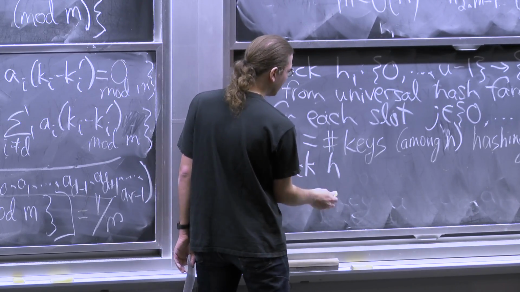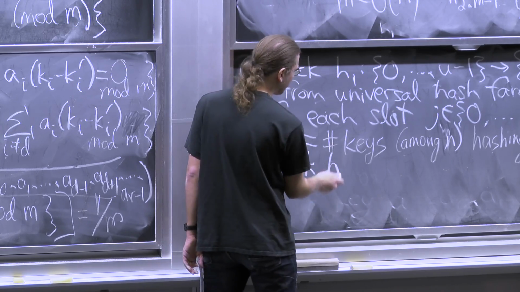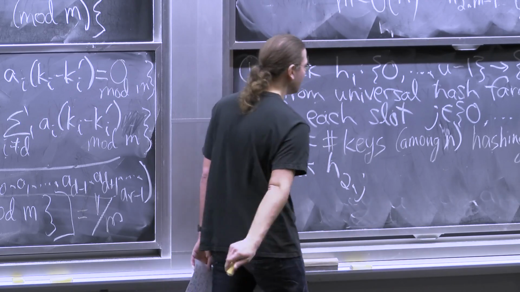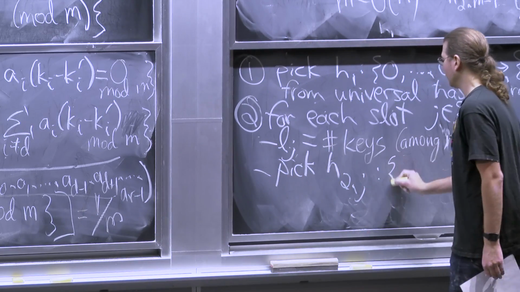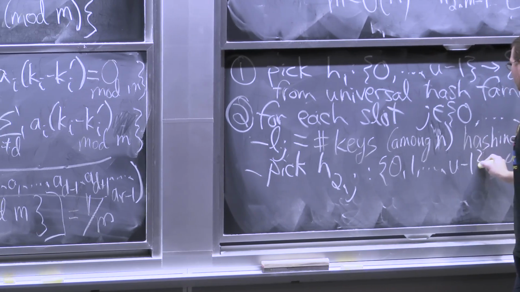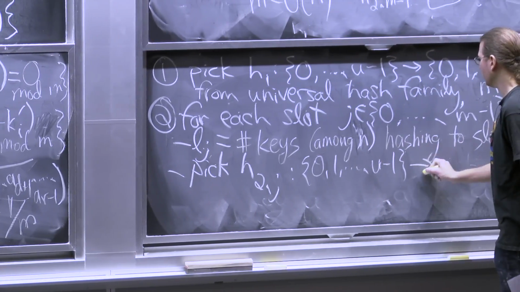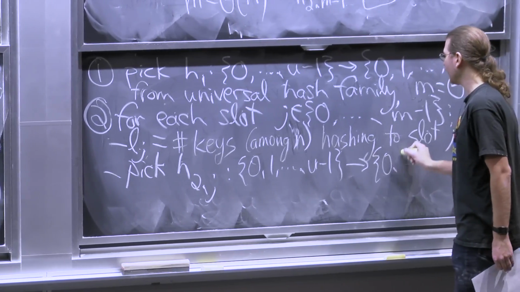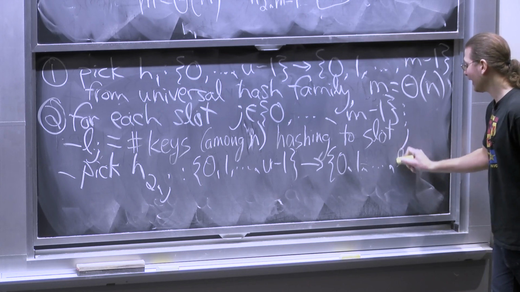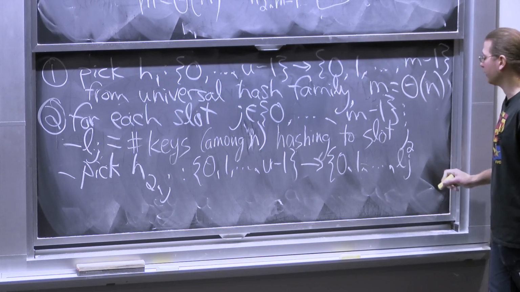We're going to pick a hash function h2,j from a universal family. It again maps the same universe. The key thing is the size of the hash table I'm going to choose, which is Lj squared.